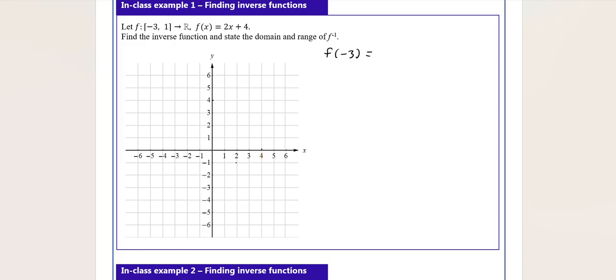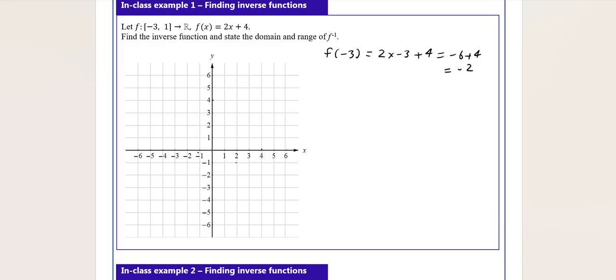So I'm going to find what the function is at -3. At -3, it's going to be 2 times x, x is -3, plus 4. 2 times -3 is -6, plus 4, which is going to get me -2. So when x is -3, y, or my function's value, is going to be -2.